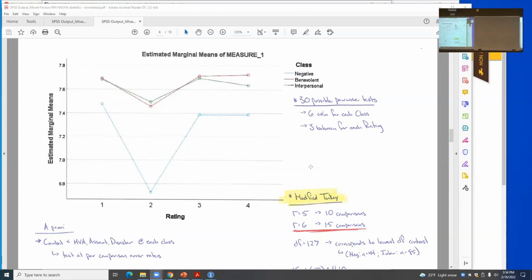For all three of the groups, it looks like for the combat, across vignettes, regardless of where you're at, willingness to provide friendship for a potential combat survivor is being rated as lower, right? What else are we seeing? The negative.